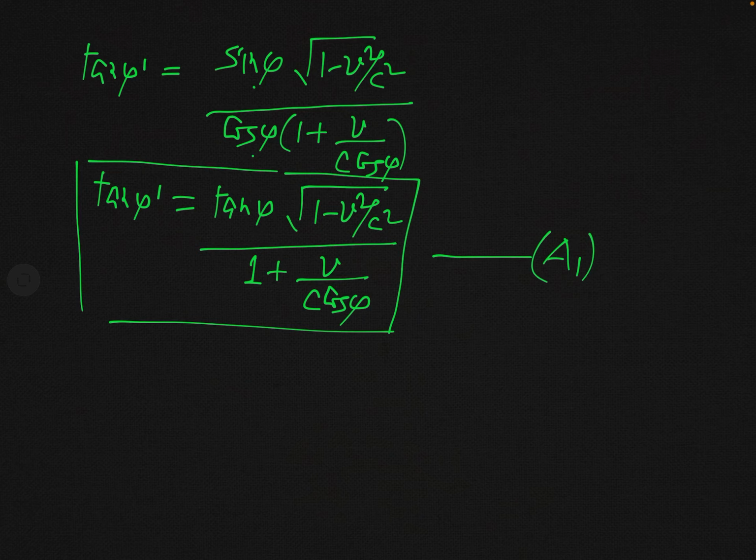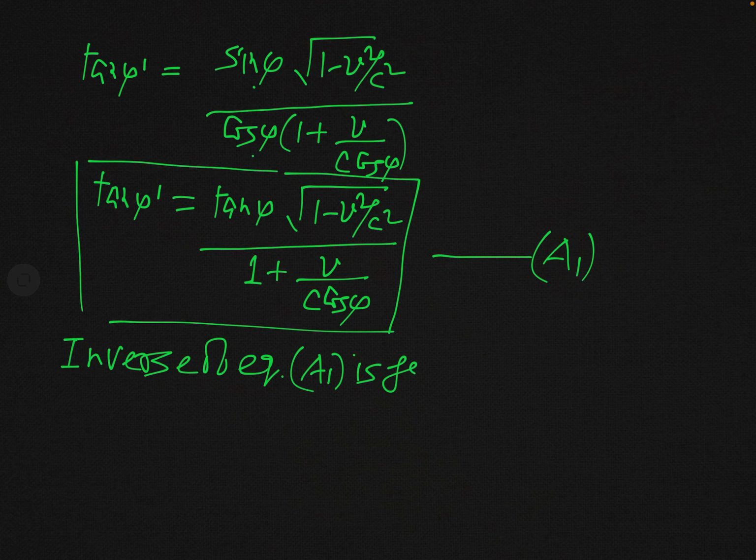So you can say inverse of equation A1 is given as, this will be in fact tan phi. You can see here is phi prime, so here will be phi.